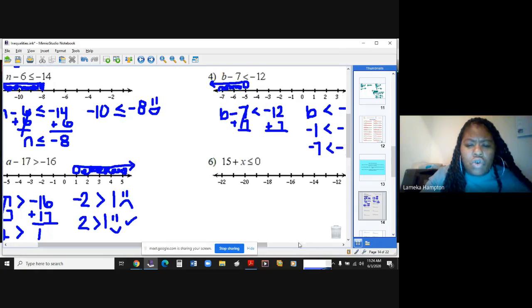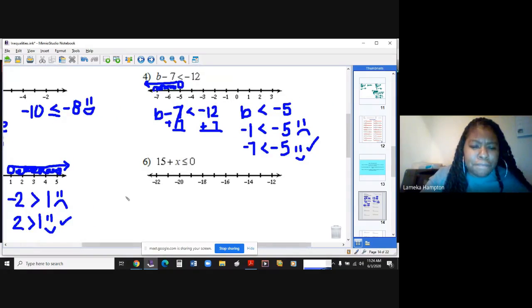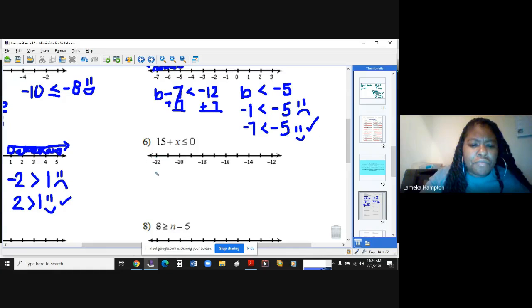All right. Number 6 looks pretty interesting, but it's actually not that bad. I have 15 plus x is less than or equal to 0.